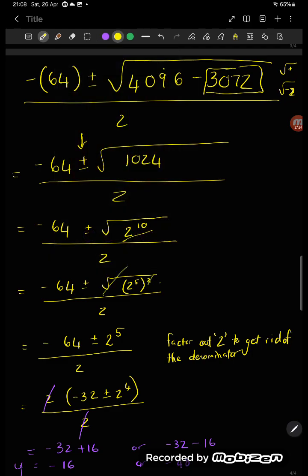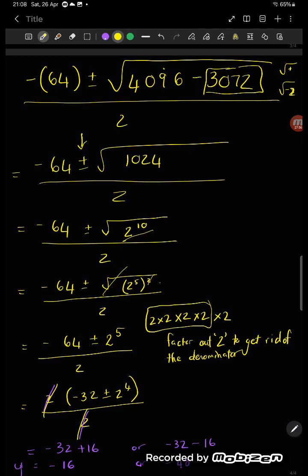Your calculator will do the heavy lifting. Make sure you know all your calculator's functions quite well. Okay, so now I want to factor out a 2 to get rid of the denominator. So 2 to the 5 is 2 times 2 times 2 times 2 times 2. And if I factor out one of those 2's, I'm left with 4 of them. So factor out a 2, and I've got minus 32 plus minus 2 to the 4, and 2 over 2 is 1.